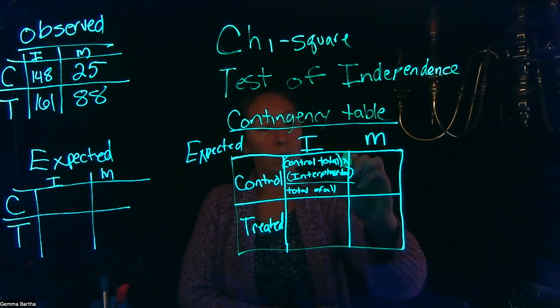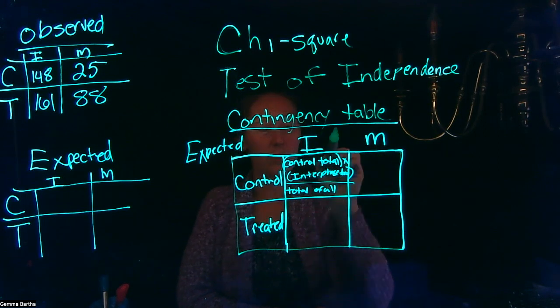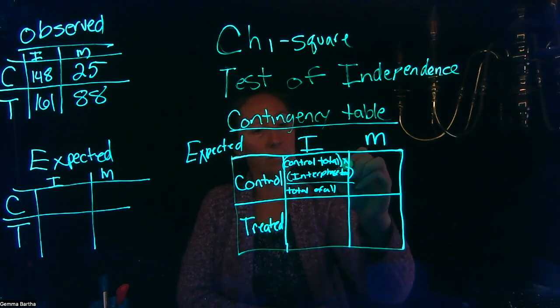This is going to be your control total times your mitosis total over total of all.